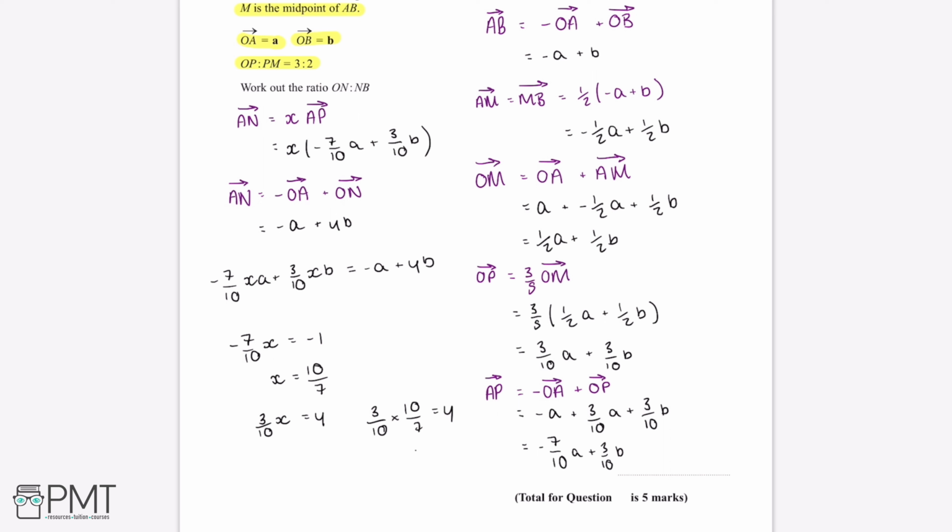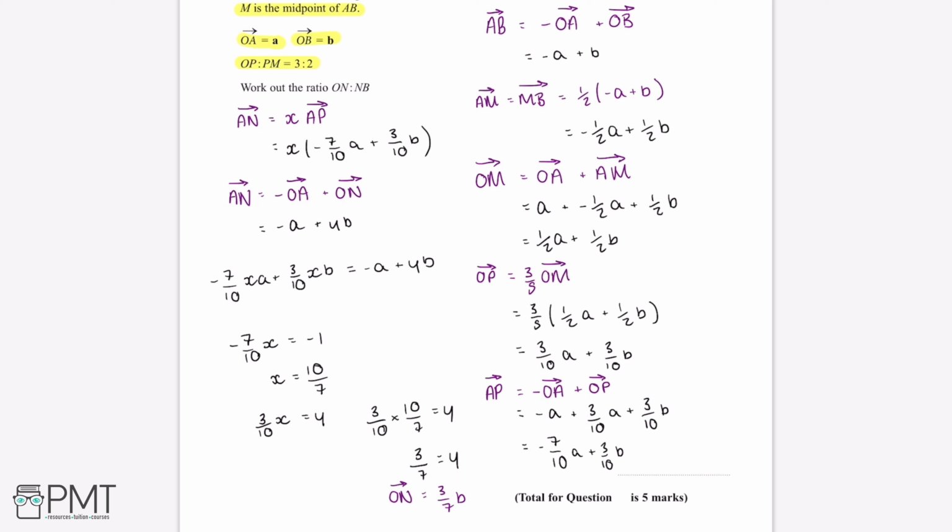This makes y equal to 3 over 7. Now if we look back at this vector, we said that ON was equal to yb. Since y is equal to 3 over 7, ON is equal to 3 over 7 b.